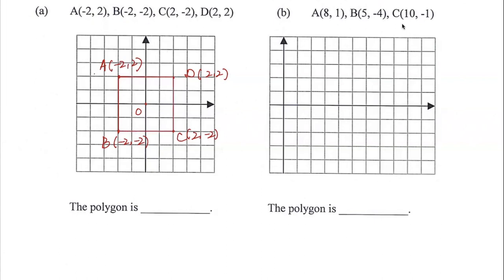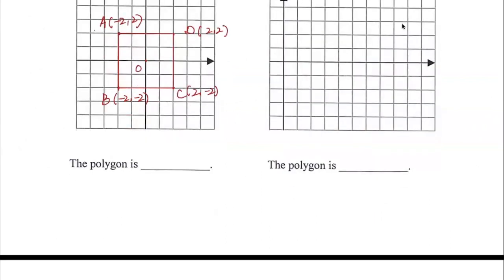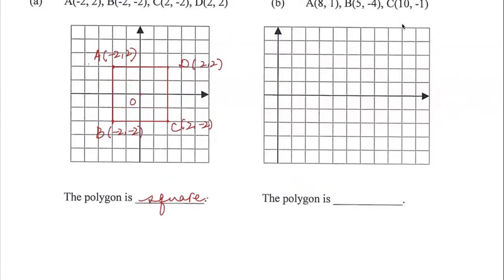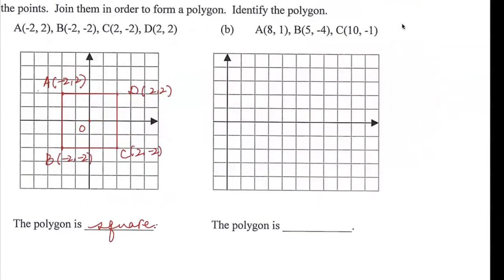Okay, so now we joined all the vertices. We can see that the polygon is a square, right? This is a square.